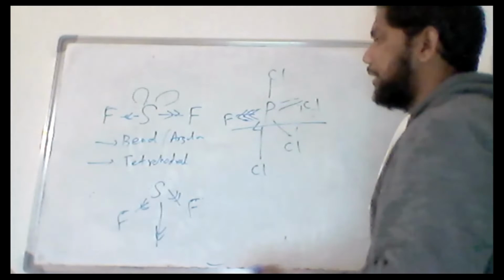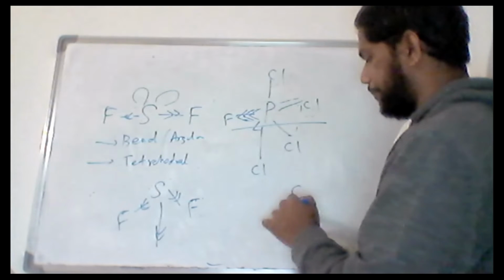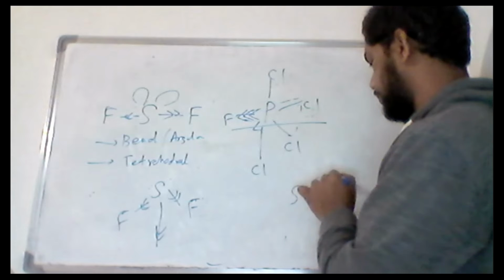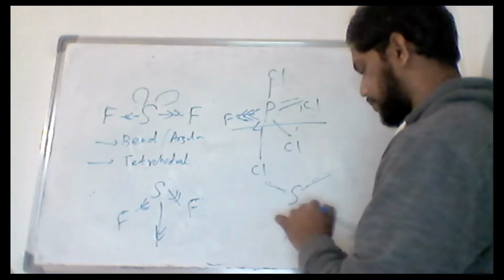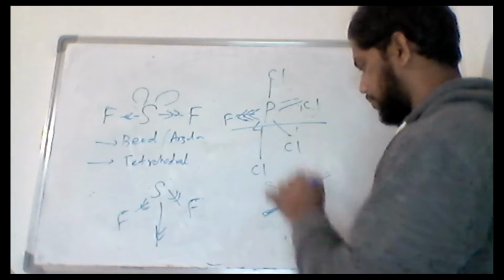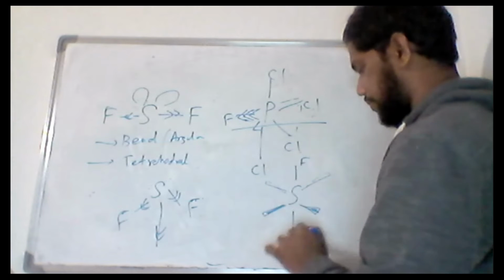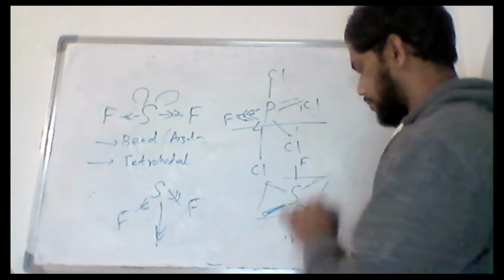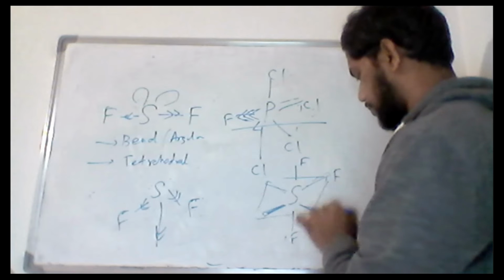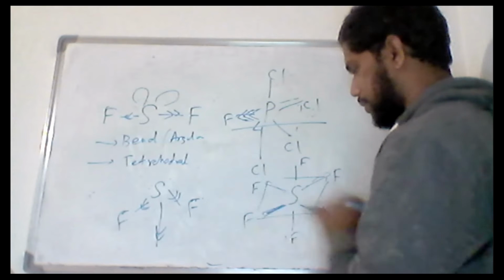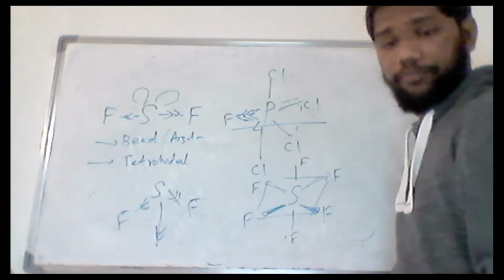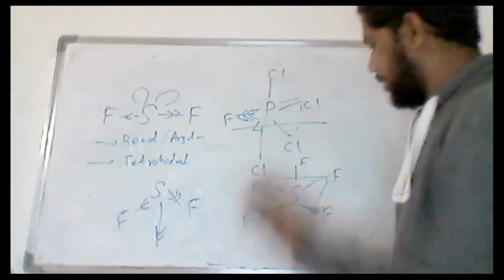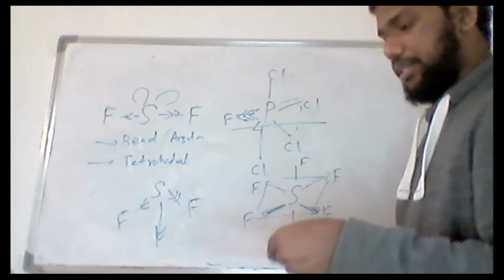But when you go for SF6, remember, this is what we call an octahedral geometry. Which is, if you get this plane, it will be this.